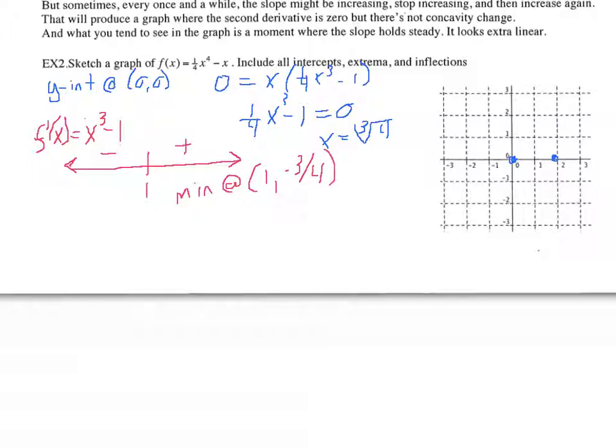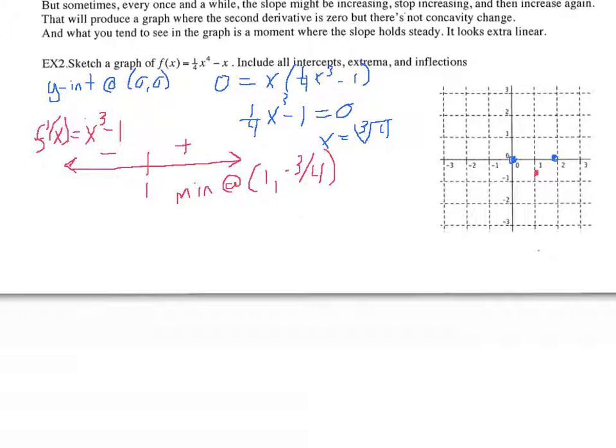So at the point (1, -3/4), that's our point right there, roughly. That's the only extrema we have, which is a minimum.